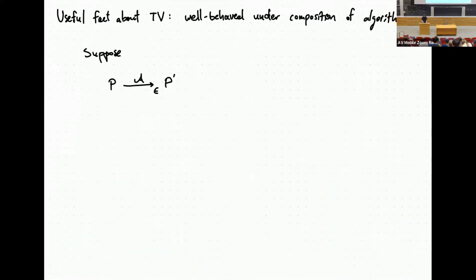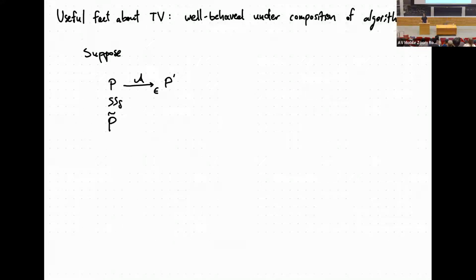So suppose that A is mapping some distribution P to P prime with error epsilon, but suppose that we don't actually have an instance of distribution P. We actually have something else. I'm going to write this as approximately sub delta. We actually have P tilde. Okay? So the reason why this will be true will become obvious in a moment.